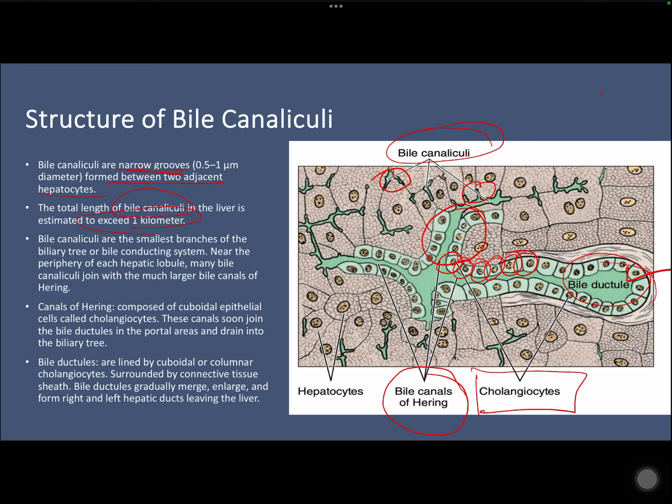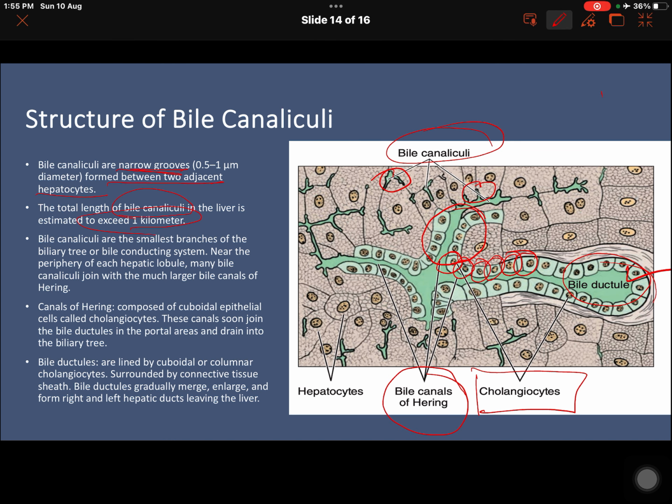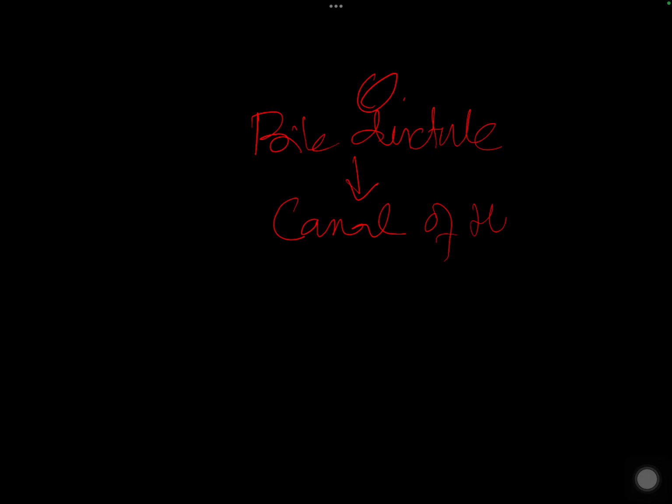Okay. Then we said first we will have bile canaliculi. Then they fuse together to form the canal of Hering. They fuse together to form the bile ductule.